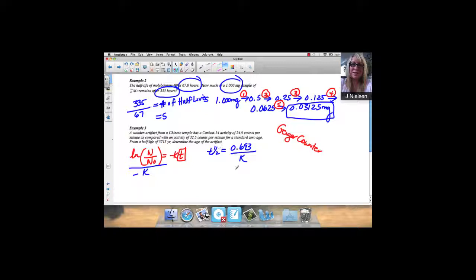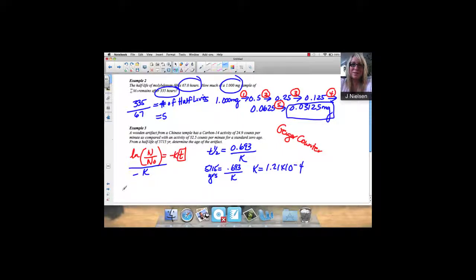So what do we have? We have 0.693 over k, and this is 5715 years, because this is our half-life. And when we solve for k, we get k equal to 1.21 times 10 to the minus 4.